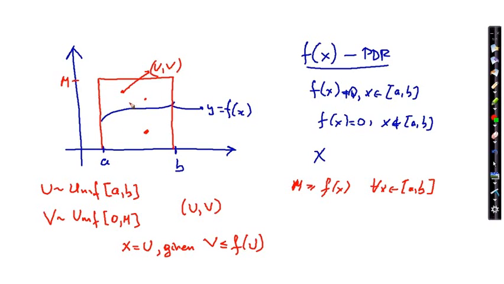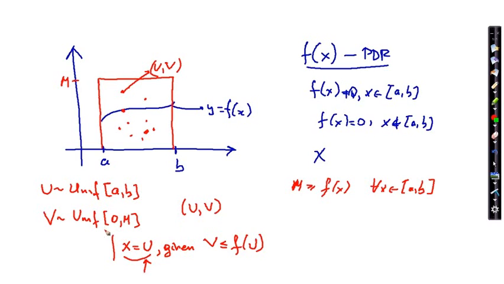I'm not considering this because the value of v is larger than the value of f at that point. In fact, I'm considering all points UV that will lie under the graph of y is equal to f of x, and I will take that point's first coordinate as my x.